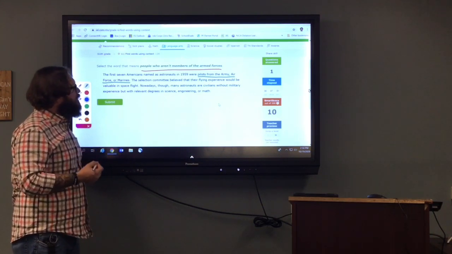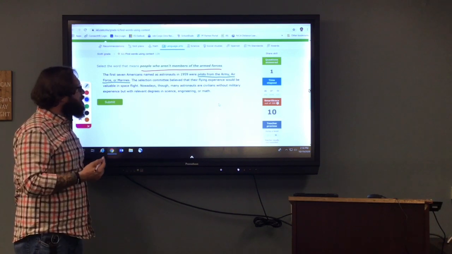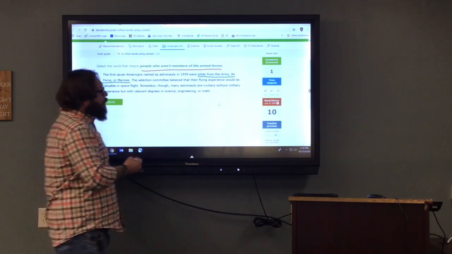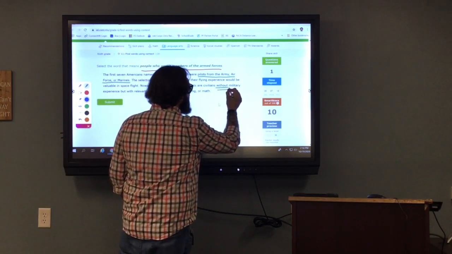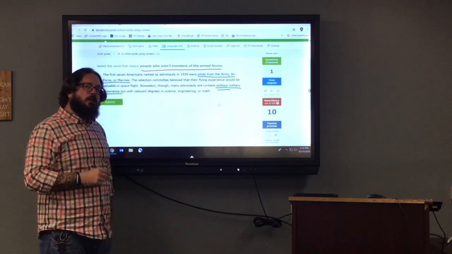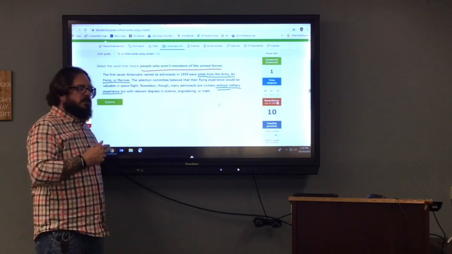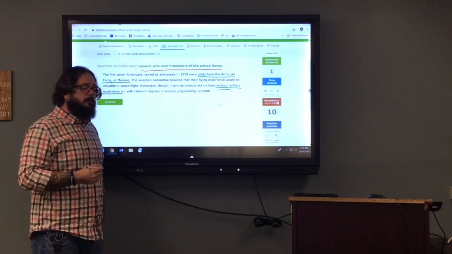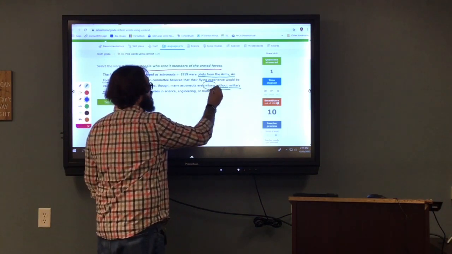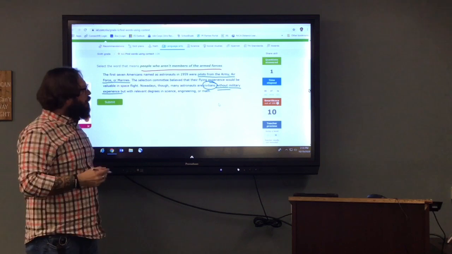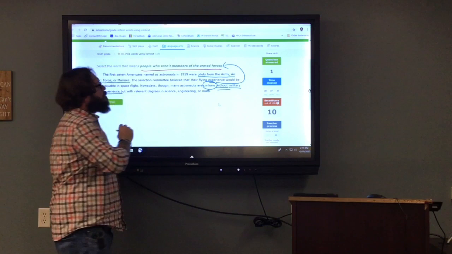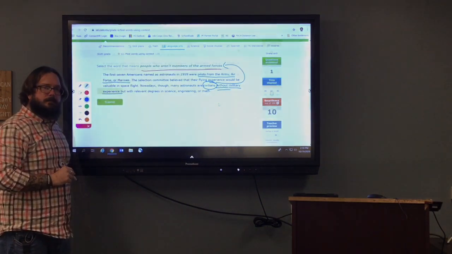Nowadays, though, many astronauts are civilians without military experience. So in other words, without military experience means they are not members of the armed forces. Well, who doesn't have military experience? The word used in this passage is civilians. Therefore, civilians are people who are not members of the armed forces.